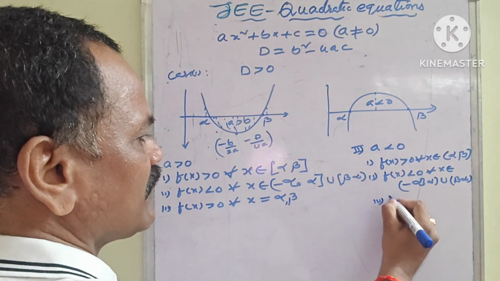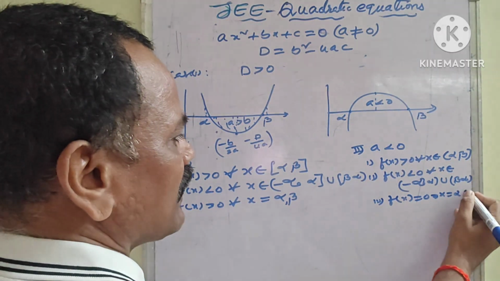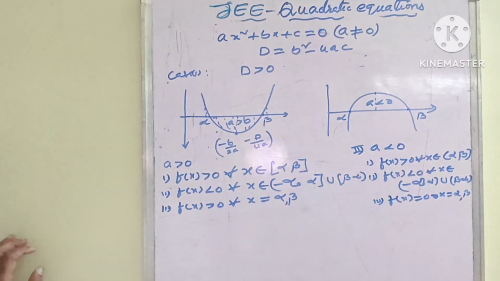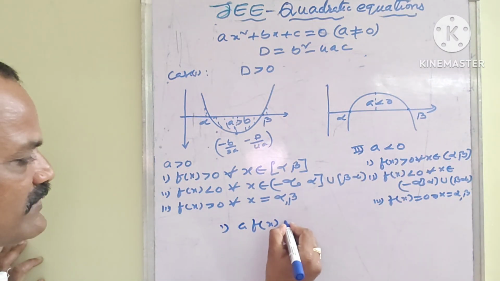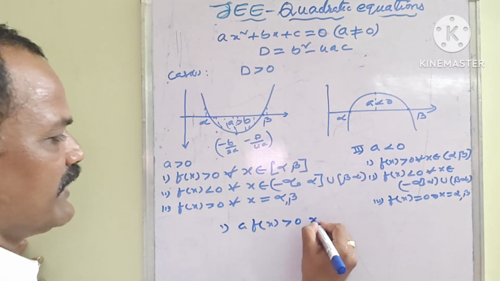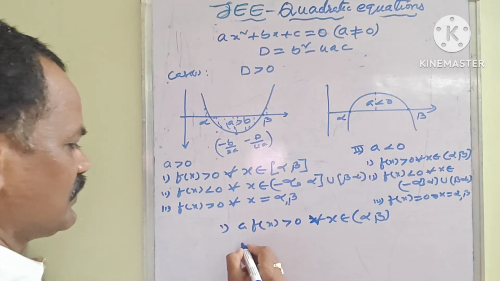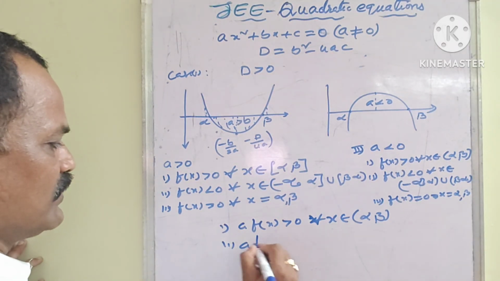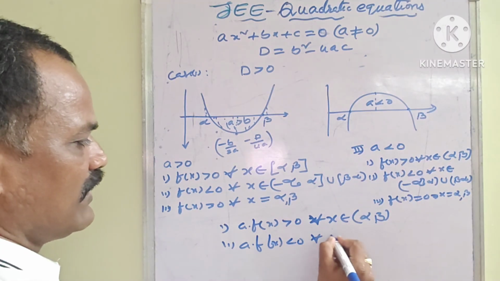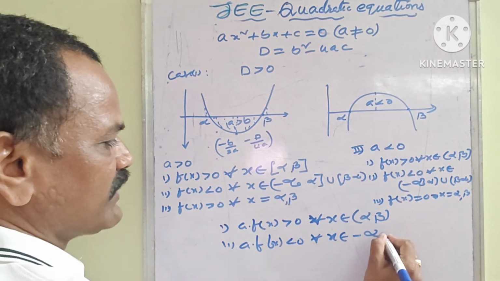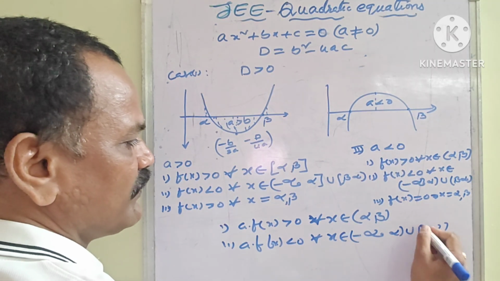Third case: f of x is equal to 0, then x is equal to alpha, beta. Finally, a into f of x greater than 0 for all x belonging to alpha comma beta. Second, a into f of x less than 0 for all x belonging to minus infinity to alpha union beta to infinity.